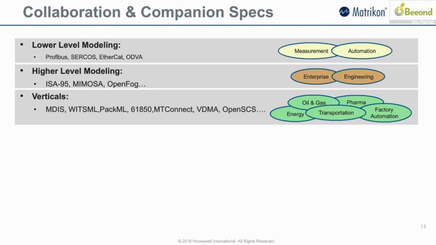Taking a smattering of different ways of looking at it, you could have low-level modeling where you're looking at what different buses are doing, or you could look at a broader view, like ISA 95, or just specific verticals where you've got industry interests, where people are expressing what the relevant data models or information models are in their particular industry or what they're working with.